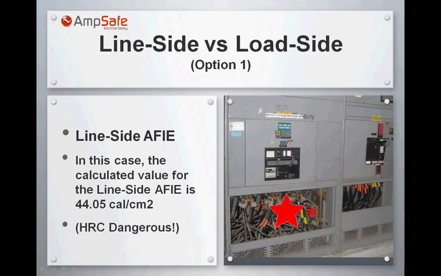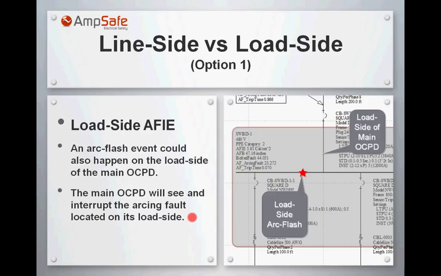Now, how about if you have an arc event at the load side of this breaker? Well, in that case, the main overcurrent protection device will be in the path of the majority of the fault, of the majority of the energy. And this breaker could substantially reduce the time of opening due to this large arcing current.